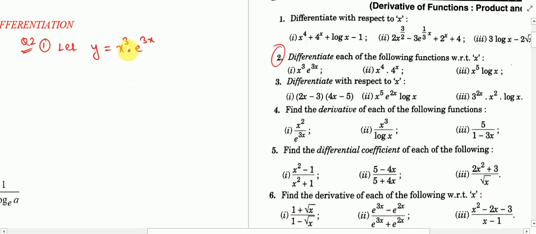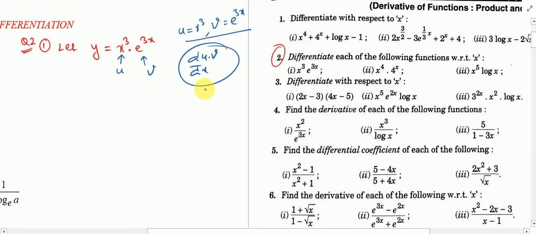Yes, and you don't see plus or minus in between these two functions. It's multiplication, means product. We are taking product of two functions. This is u, this is your v. So here u is x cube and v is e to the power 3x.